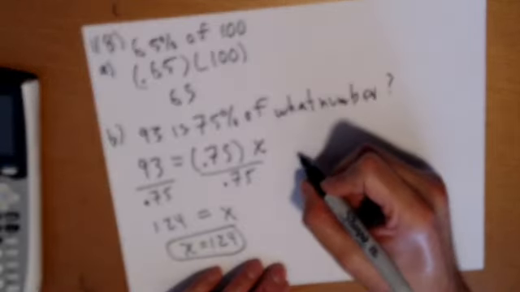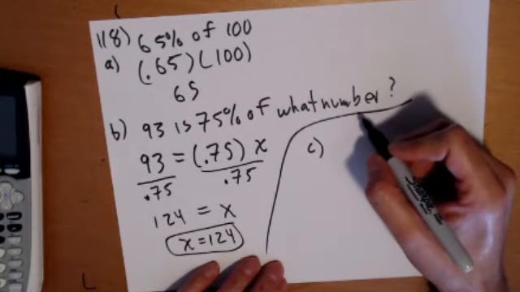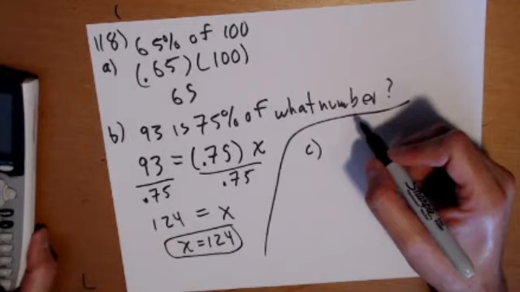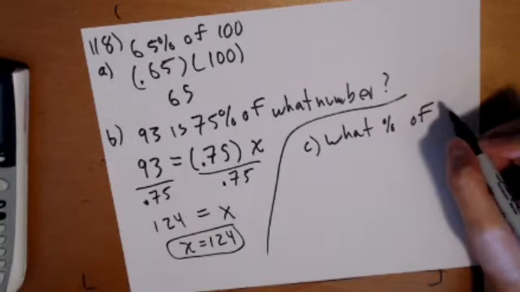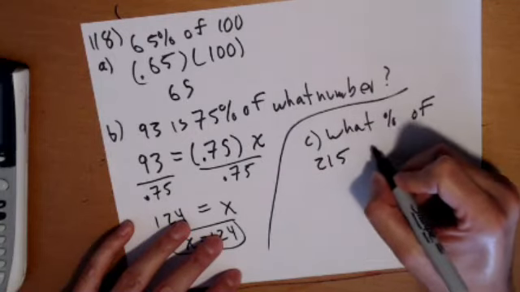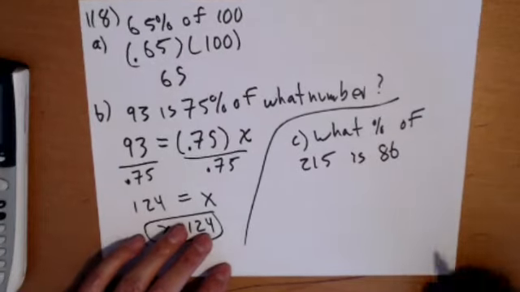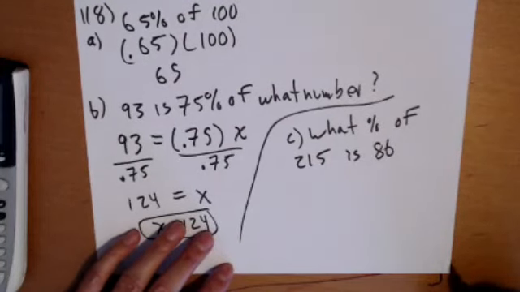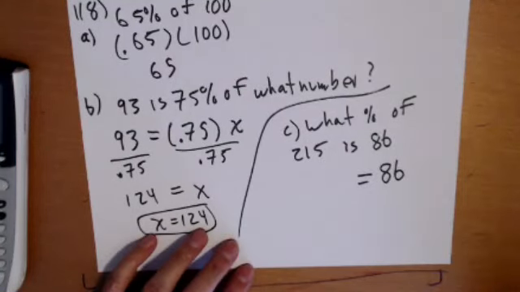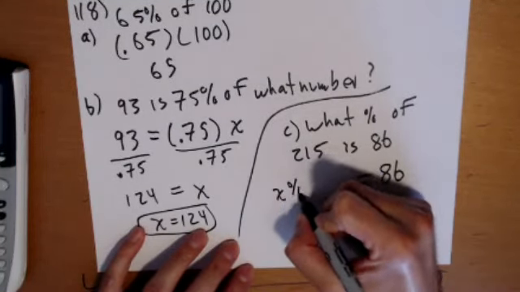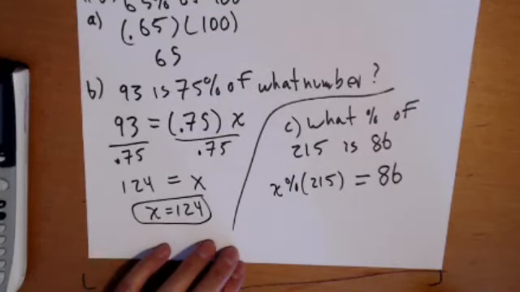And then part C says, what percent of 215 is 86? Okay, what percent of 215 is 86? I'll say X percent times 215 equals 86.